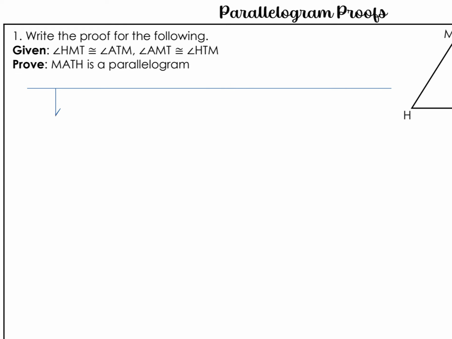Okay, so I'm going to copy down my first given here, which is that angle HMT is going to be congruent to angle ATM. We're going to write given because that's where that is coming from.